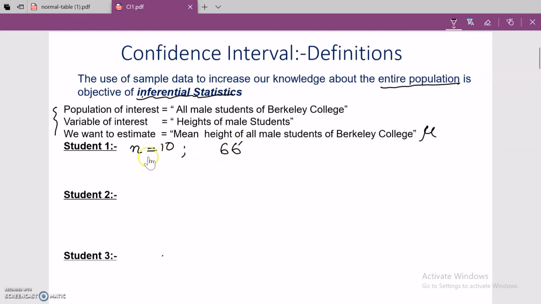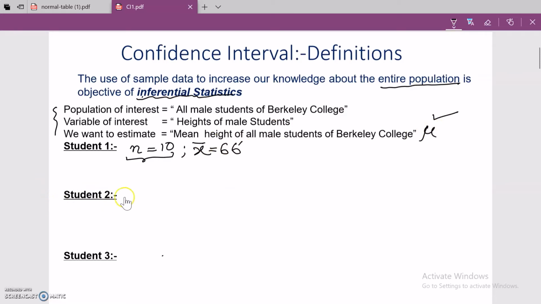So he has selected a sample of 10 students, and from that sample he came up with this estimate. This is actually the sample mean, and on the basis of this sample mean he is saying that the average height of all students of Berkeley College is 66 inches. He has just studied a sample, and now he is trying to estimate the population mean. That's what the first student said to me.